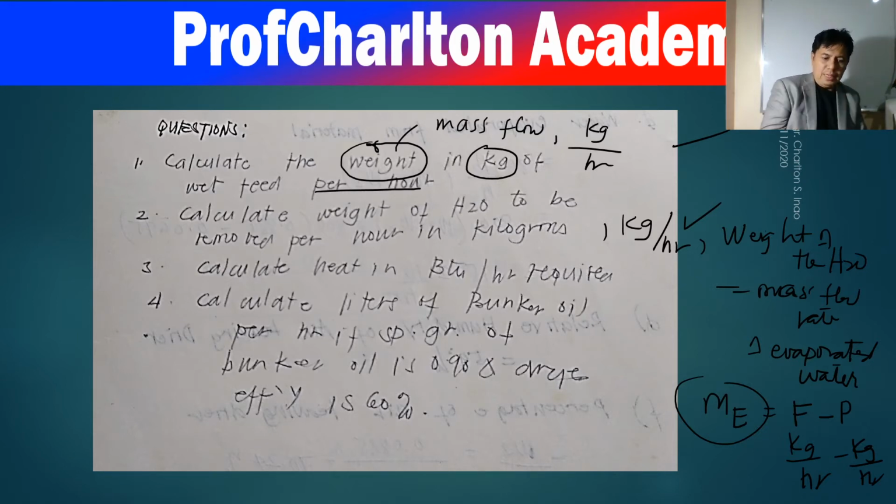One is the heat required to evaporate the moisture from the wet sand, to become the dry sand. That's number one heat.